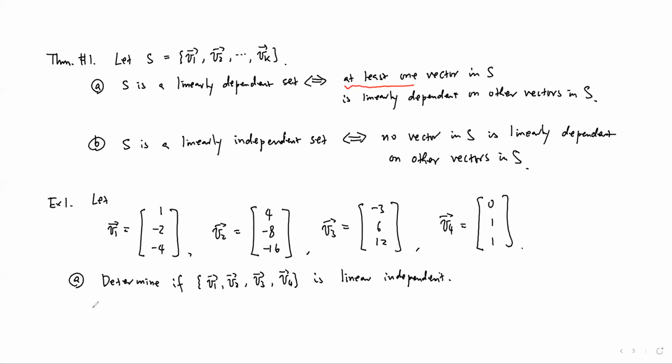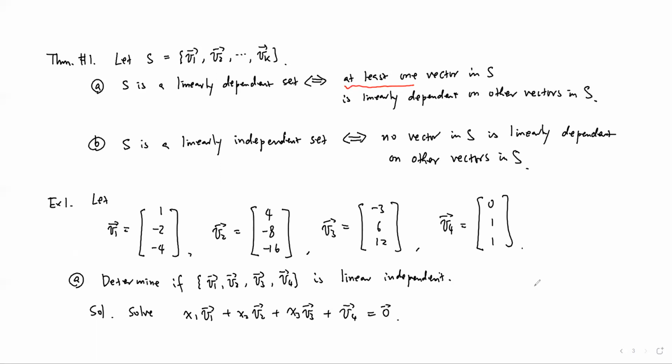Let me answer this question first. How to answer this question? Go back to the definition. Solve this vector equation x1 V1 + x2 V2 + x3 V3 + x4 V4 = 0.